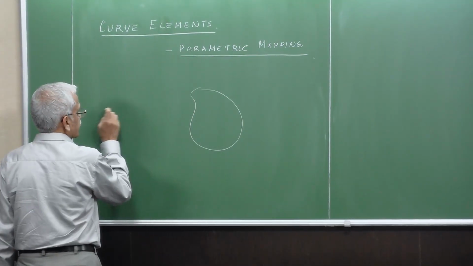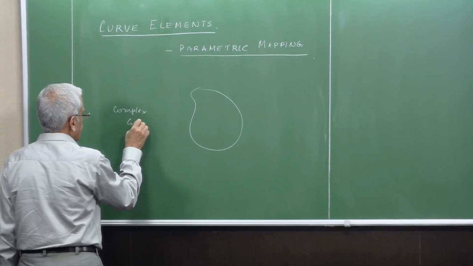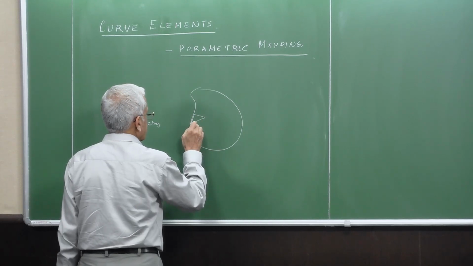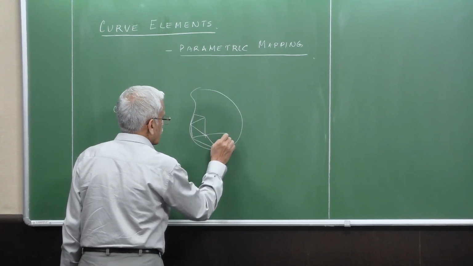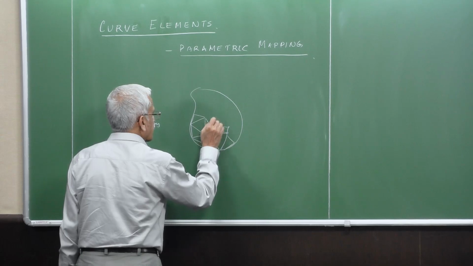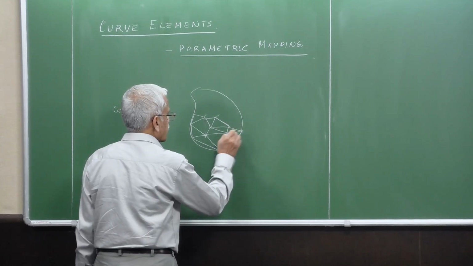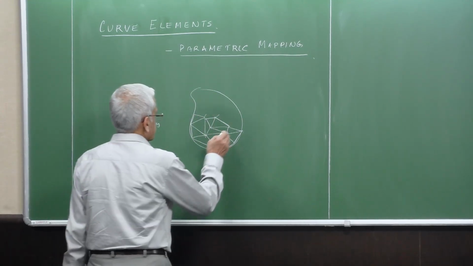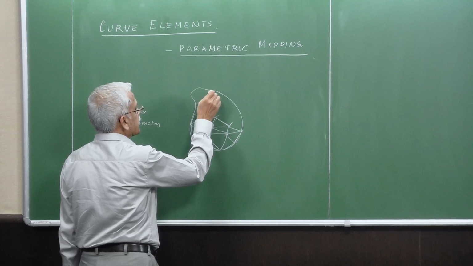Just recall, if you have a complex geometry like this, and you are using simple elements like triangular elements with straight sides, this is the element mesh, while the geometry is like this.